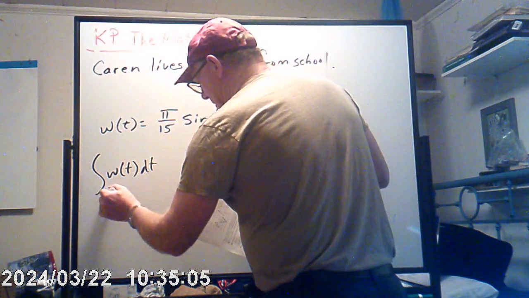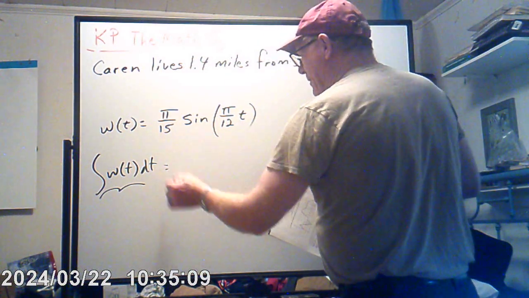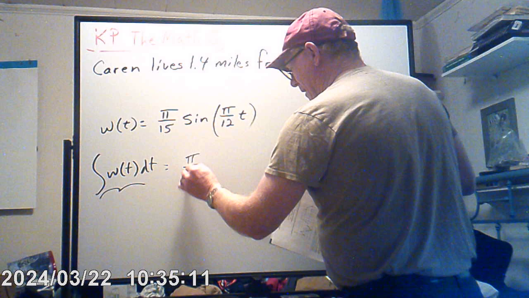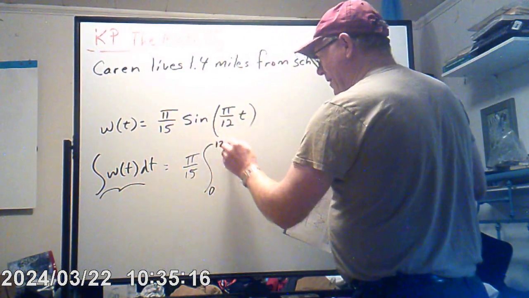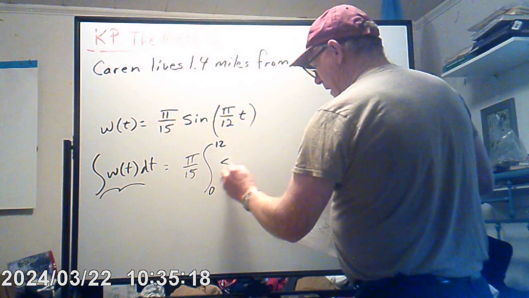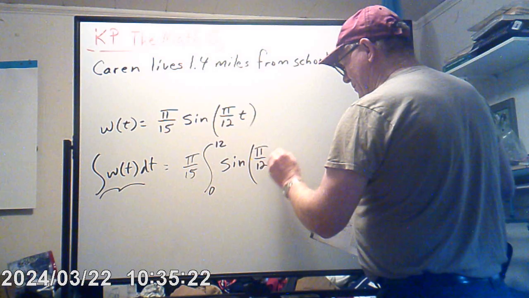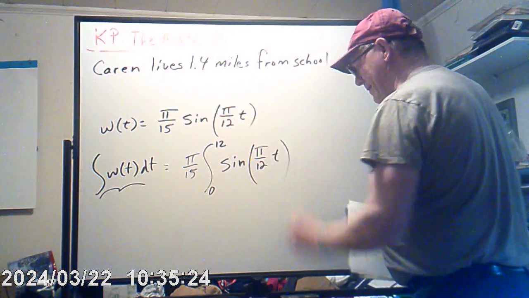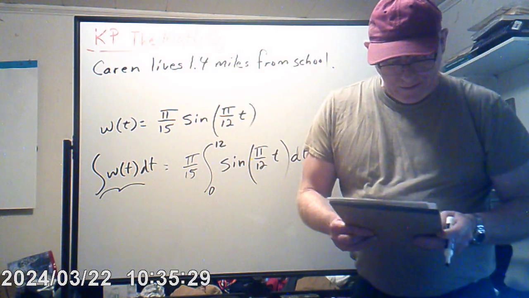So I'm going to put the pi over 15 on the outside, from 0 to 12, sine of pi over 12 t dt, like that.